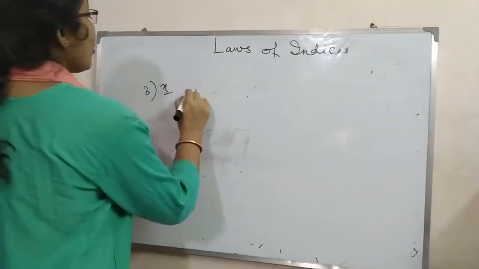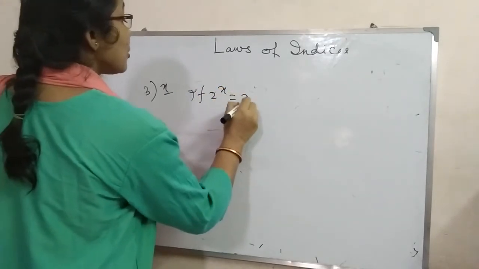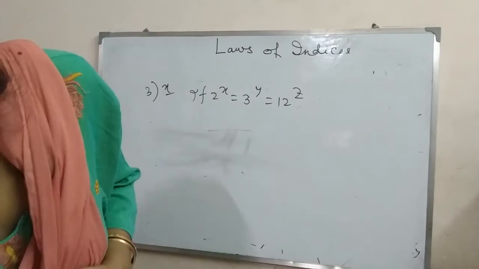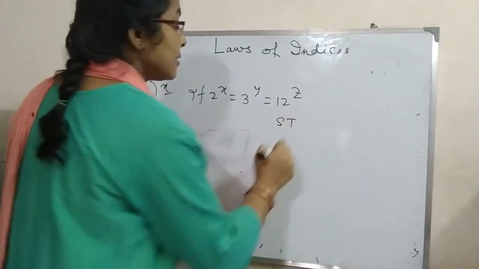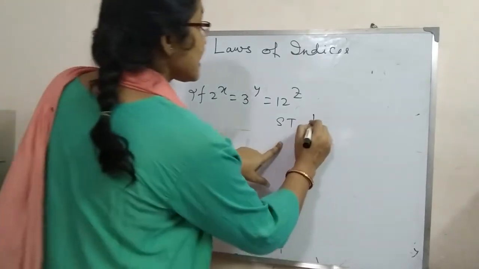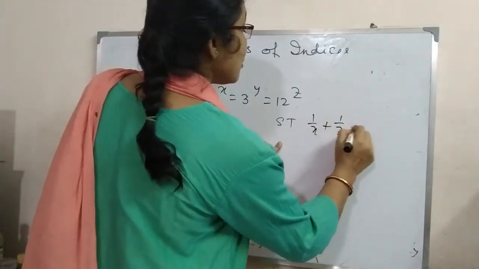If 2 to the power x equal to 3 to the power y equal to 12 to the power z, then show that 1 by x plus 1 by z equal to 2 by y.